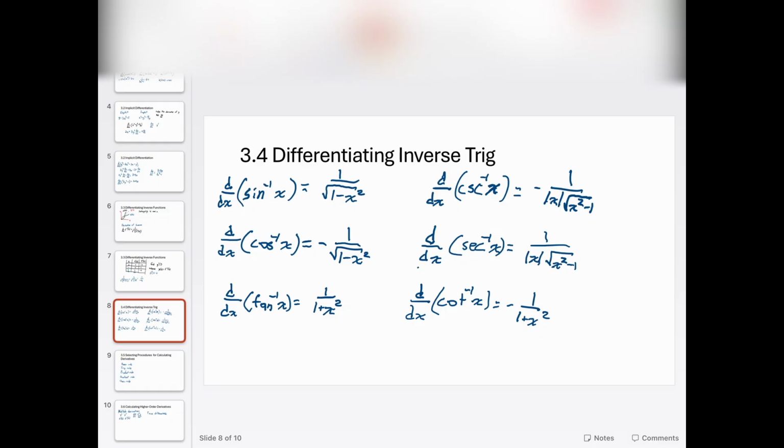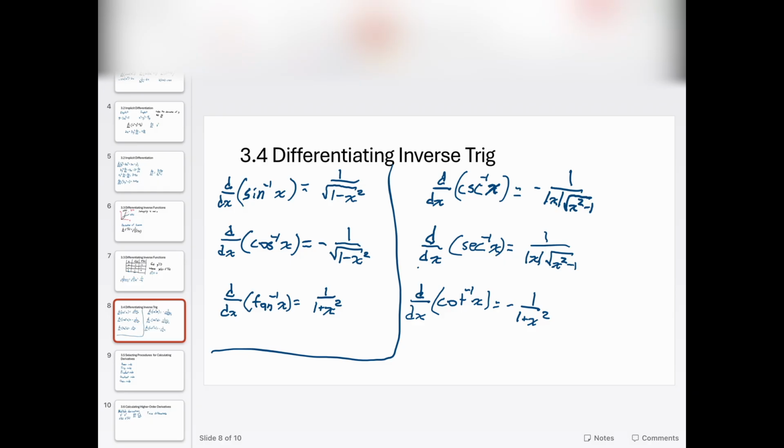So now let's look at inverse trig. With inverse trig, these need to be memorized, but the most important ones are definitely on this side: sine inverse, cosine inverse, and tan inverse. The derivative of sine inverse of x is just 1 over the square root of 1 minus x squared, while the derivative of cosine inverse is just the negative of that.